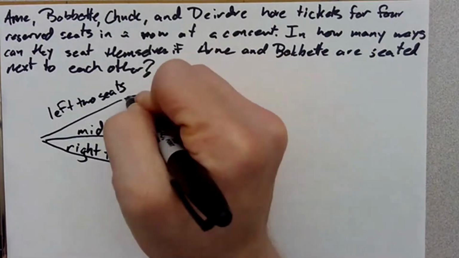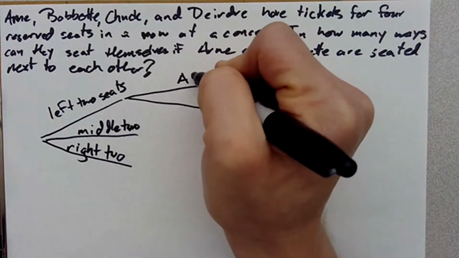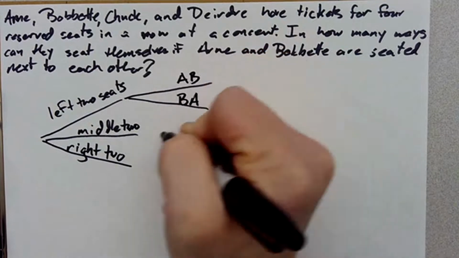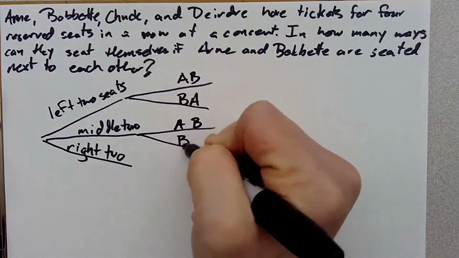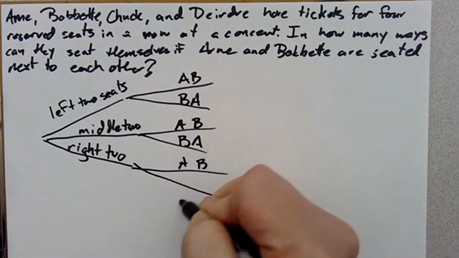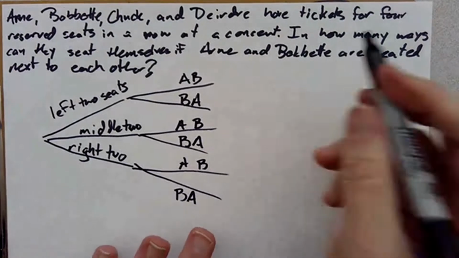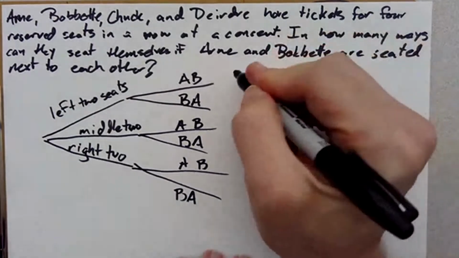Then we can have Arnie sitting to the left of Babette, or Babette sitting to the left of Arnie. Once we've done that, now we have to figure out where Chuck and Deirdre sit. Well, there are only two places for them to sit. And again, it's left or right.